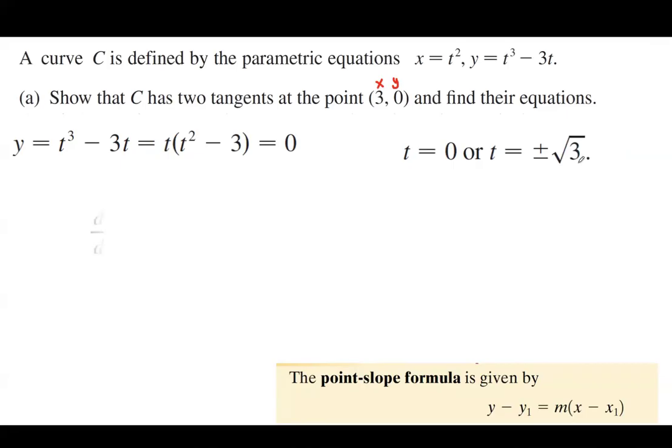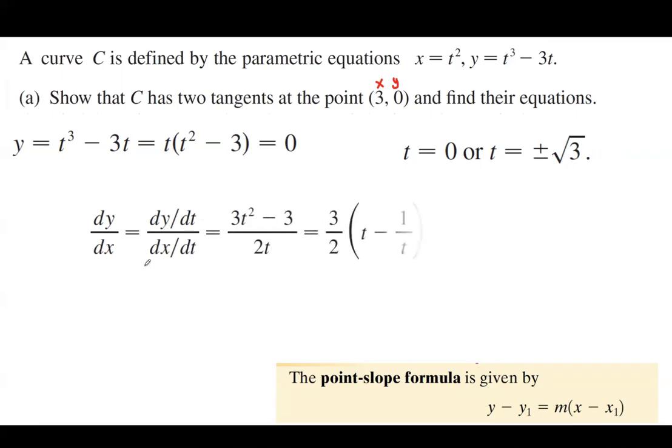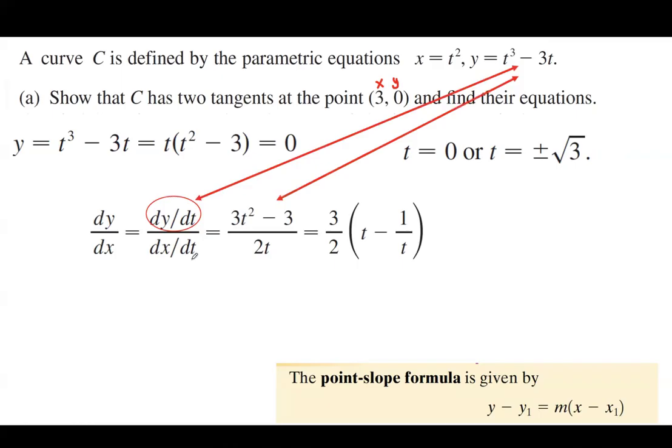Now, the rate of change of y with respect to x, by definition, is the rate of change of y with respect to t divided by the rate of change of x with respect to t. On the numerator, you are taking the derivative of t cubed minus 3t, which is 3t squared minus 3, and on the denominator, the rate of change of x with respect to t is the derivative of t squared, or 2t.